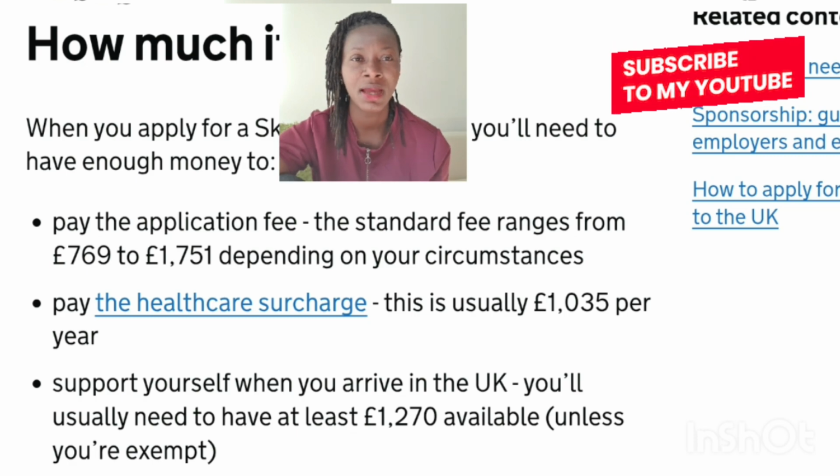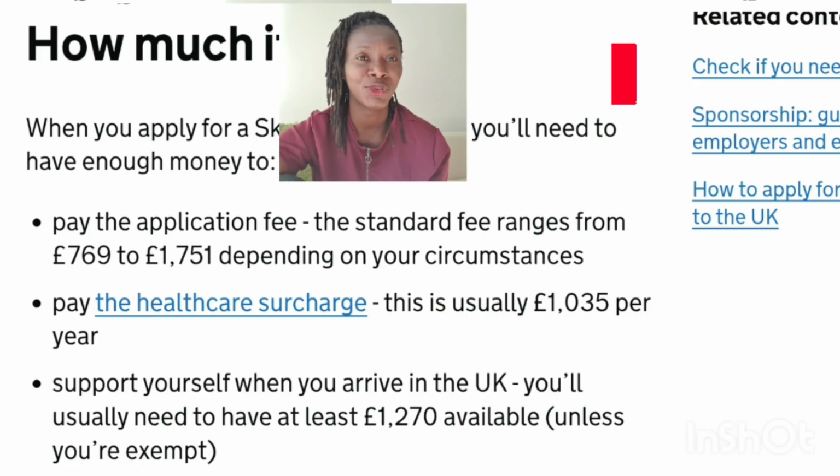Now remember, I made mention that the number of years you have been employed for to start working in the UK determines your total cost. The immigration health surcharge is basically an amount that you pay for your own health checks in the UK, kind of your health insurance. So the amount you see here, £1,035, is for a year.